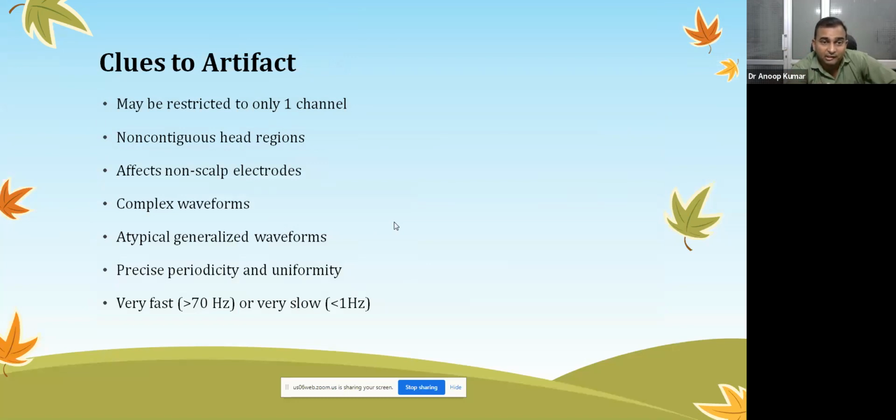There will be a precise periodicity and uniformity. In epileptiform discharges, we don't get periodicity. And artifacts have very fast frequencies, more than 70 Hz, or very slow, less than 1 Hz, as we see in 60 Hz cycles.